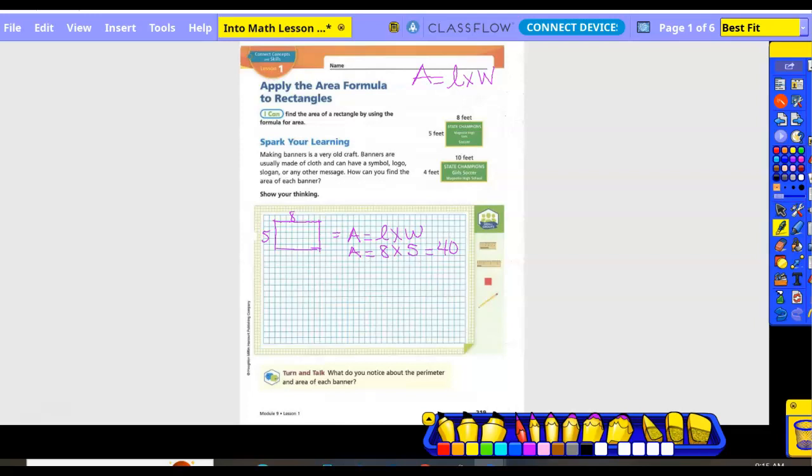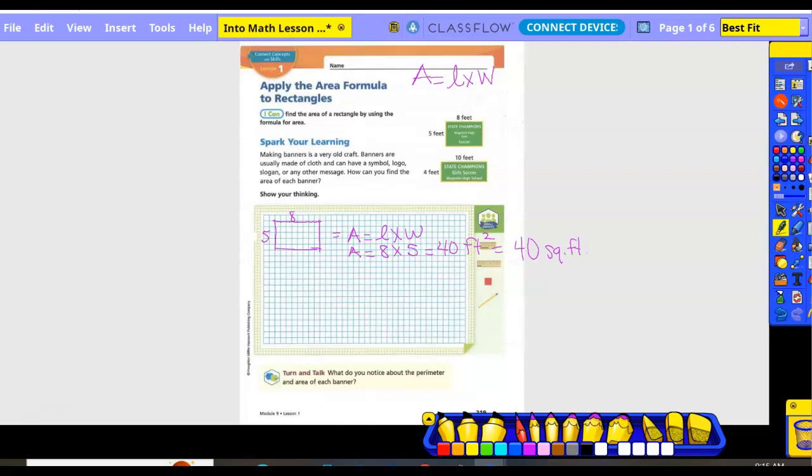And then we need to go back and look at our label. So what's our label? Feet, right? So you can either write feet squared with a little 2, or you can write 40 square feet. Either way, I'll take it because they both mean the same thing, all right?